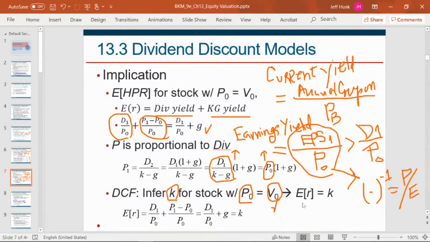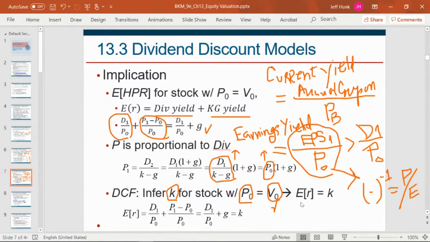Now, intrinsic value uses expected return. But think about it, it's the same process, right? You're discounting all the expected future cash flows. Future cash flows are all expected.